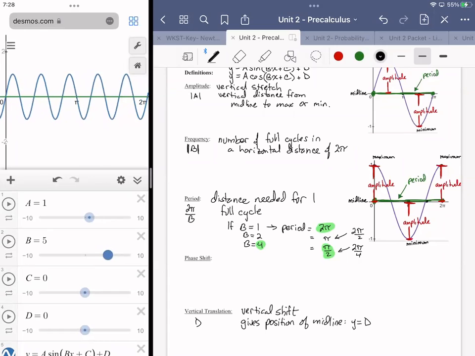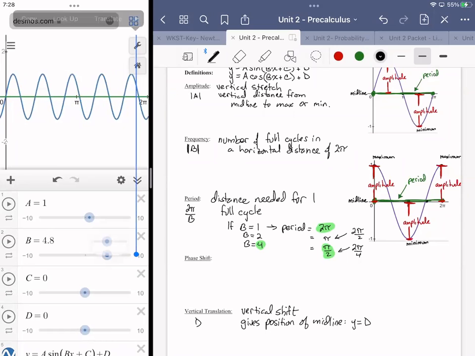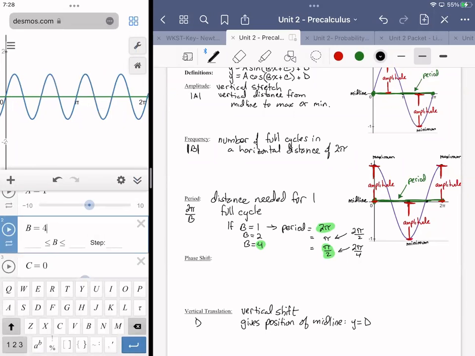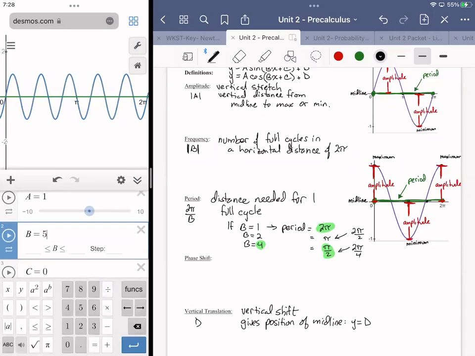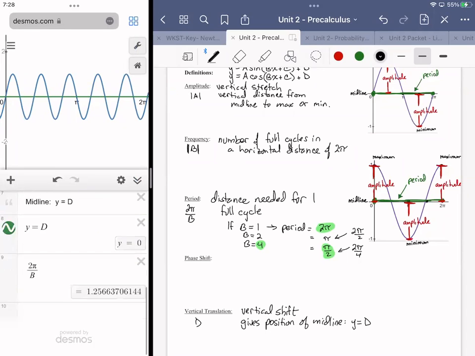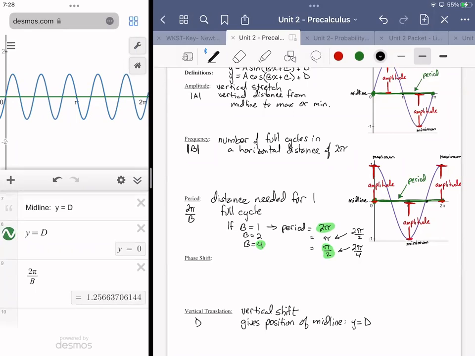Stay on 5 for crying out loud. It's the static cling. I'm just going to type it in. All right. So if the b value is 5, I see this decimal. I can tell you there's no way I'm looking at that decimal and saying clearly that's 2 pi over 5.